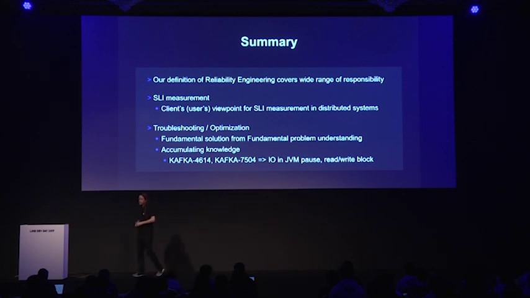Actually, in this investigation, we were able to leverage knowledge from the past. For instance, in the past, we had KAFKA-4614 and KAFKA-7504. These were performance optimization issues that could be contributed to Kafka upstream. These are all knowledge that we were able to acquire in past investigations on how JVM conducting I/O at safe point can affect performance, or when write, read, or other system calls are blocked or not blocked.